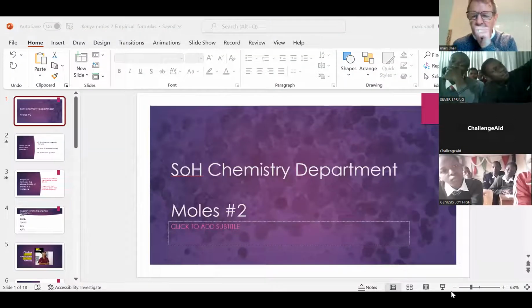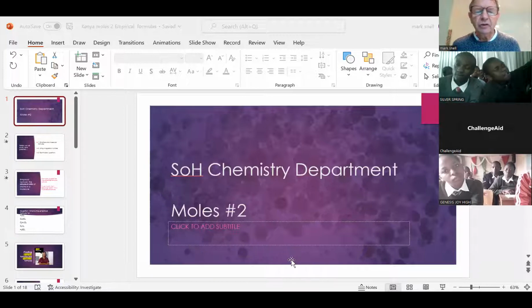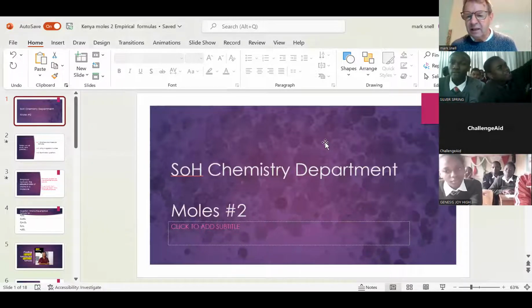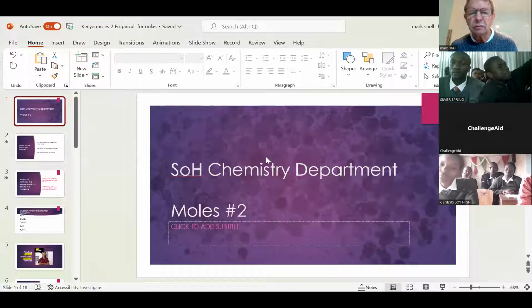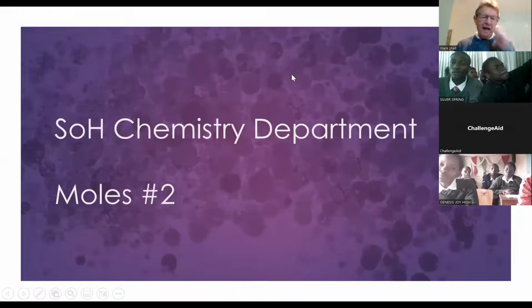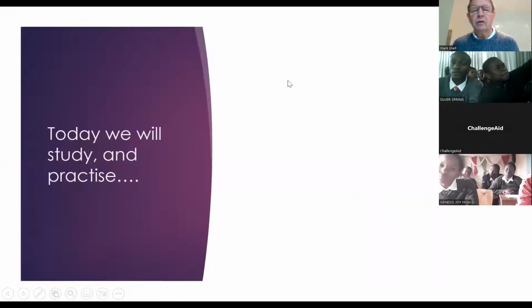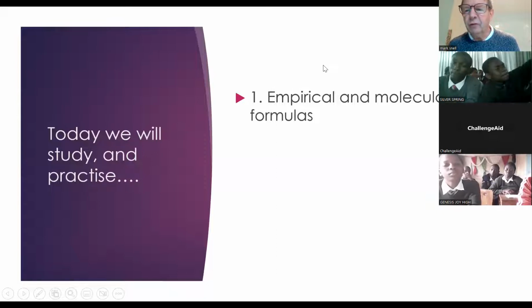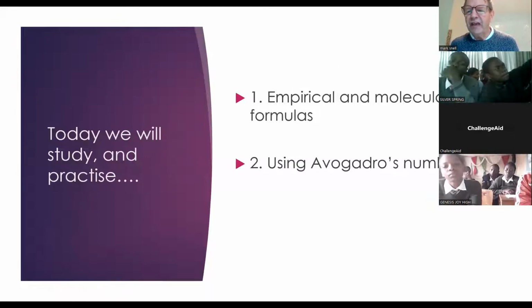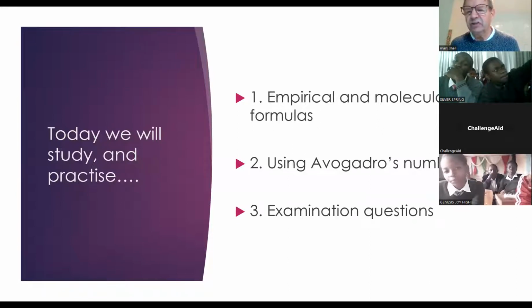So this is what we're doing. This is the second lesson on moles, and it's all about empirical and molecular formulas and using Avogadro's number, which I will just hint at, and using some examination questions to practice.